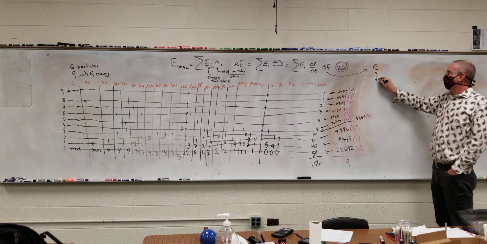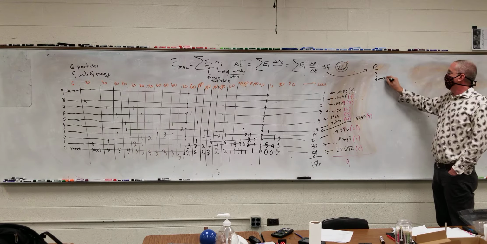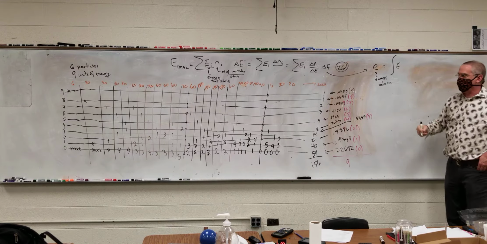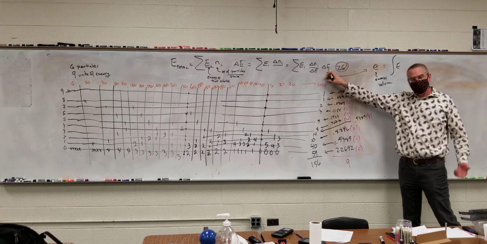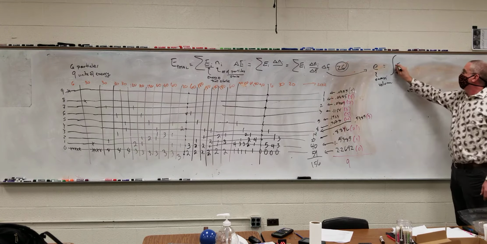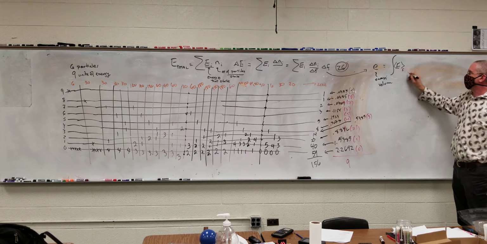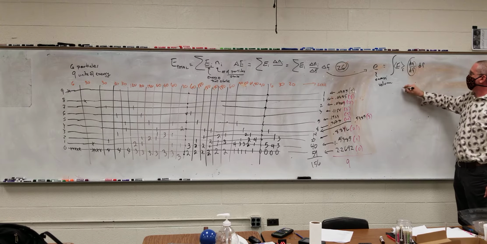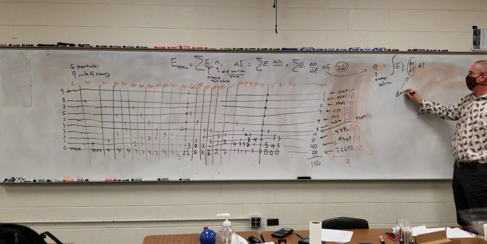So energy per volume is the integral of whatever the average energy is for some particular frequency times dN df. This right here is known as the density of states.